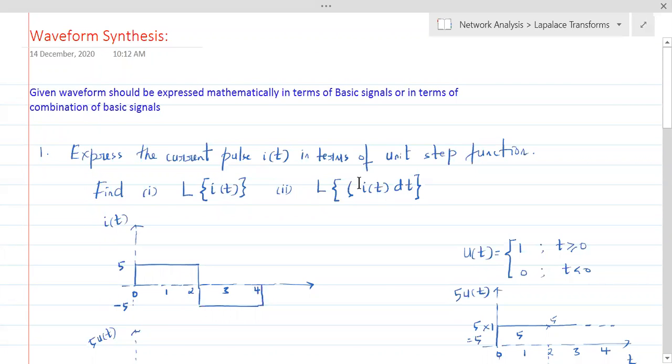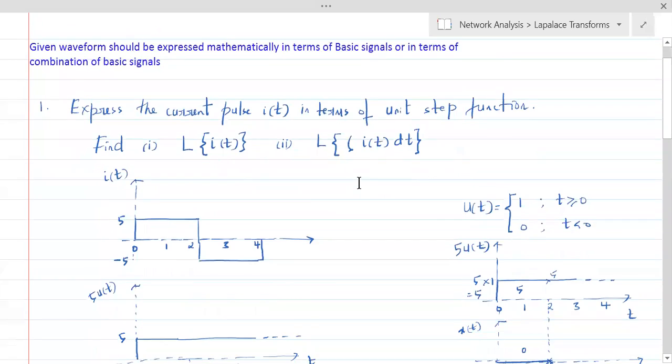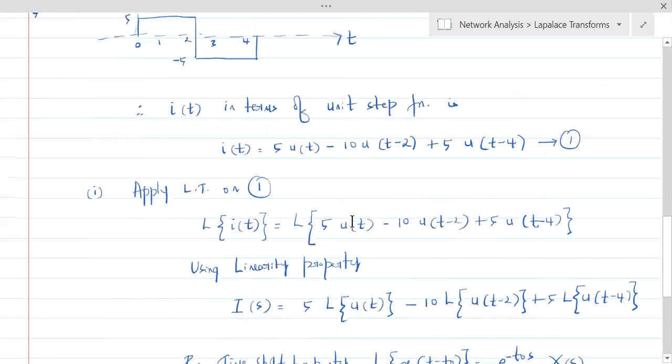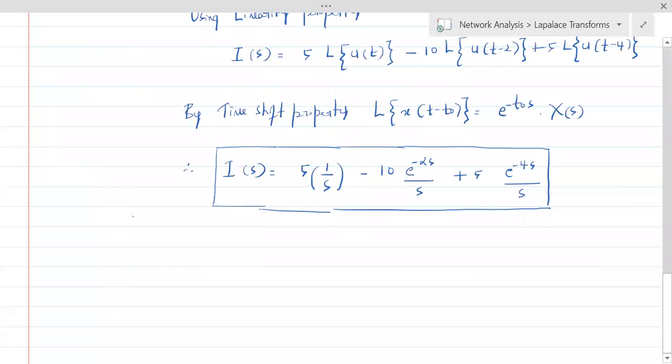Understand that? So you should understand this now for the second one. Consider again I of t equal to 5u of t minus 10u of t minus 2 plus 5u of t minus 4.